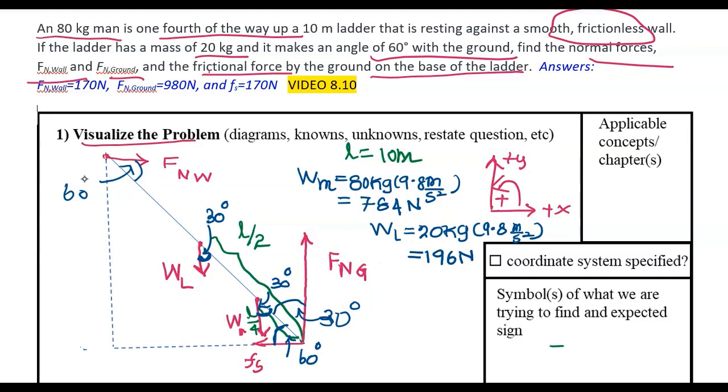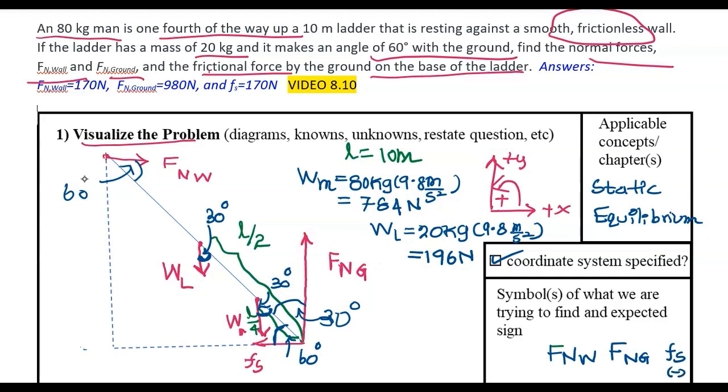Applicable concepts. We know the system is at a static equilibrium. Nothing is moving. Everything is stationary. So that is the concept we are going to use here. Have we specified the coordinate system? Yes. And symbols of what we are trying to find, and the expected sign. We are trying to calculate the normal force from the ground, the normal force from the wall, and the static friction force.